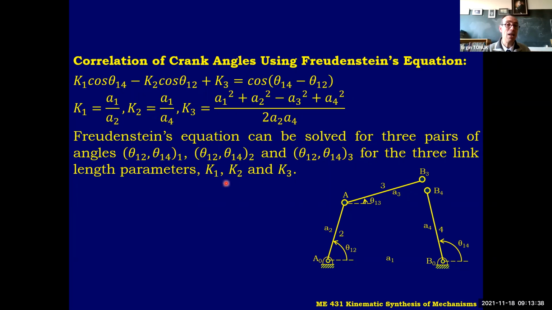Then we can determine the link length parameters K1, K2, and K3 from a set of 3 linear equations and 3 unknowns, which is simple. And then we could obtain K1 and K2 very easily and then solve for K3. So that's very useful.